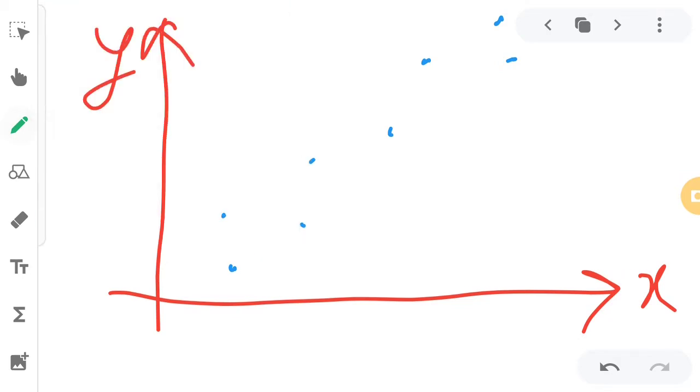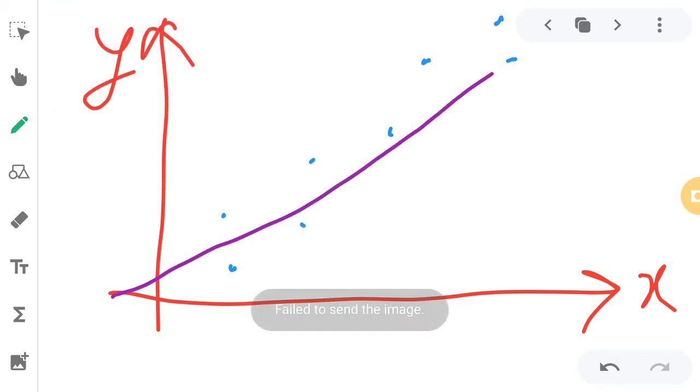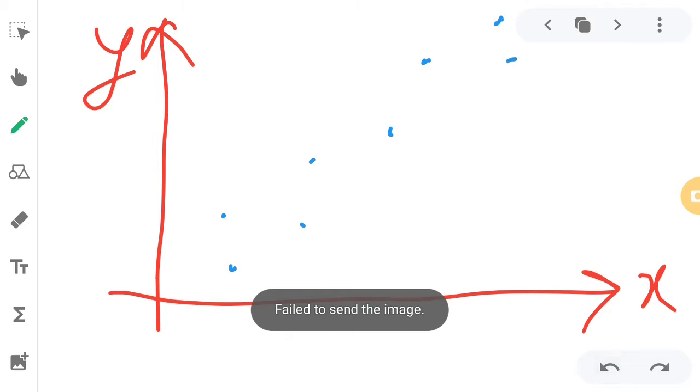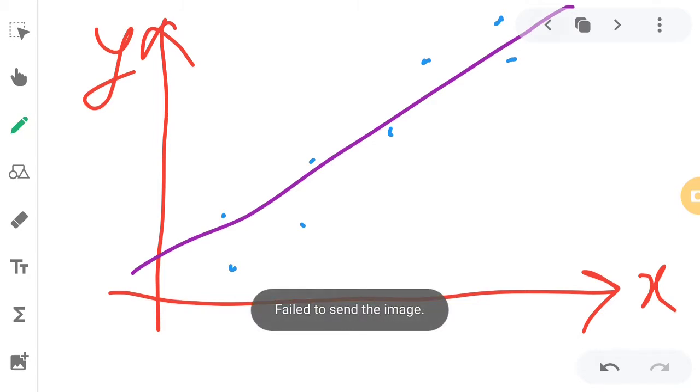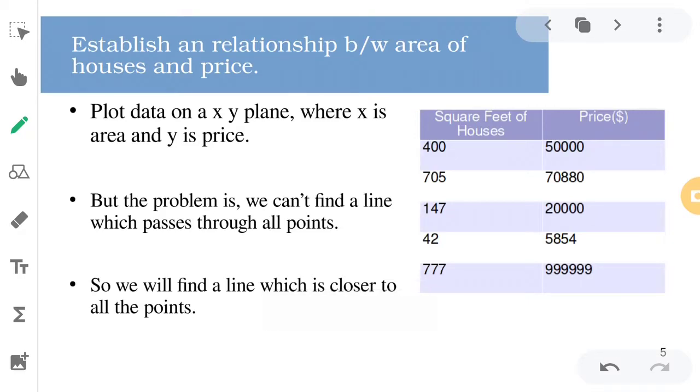We plot this data. And we are getting a line, but the problem is there is no line which passes through all the points. So we have to find a line which is closer to all points.